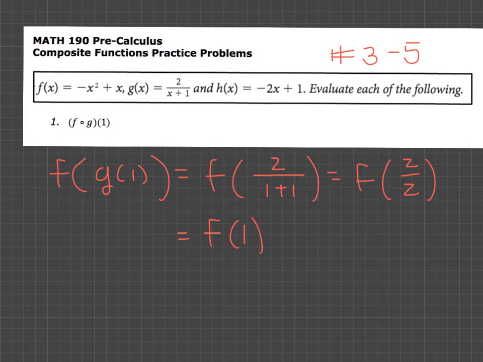Okay, so we evaluated g of 1, and we got 1. Now we're going to evaluate the function f at 1. So we're going to plug in a 1 for x for that function f. So we have a negative 1 squared plus 1. That negative applies after the squaring, so we have a negative 1 plus 1, so we end up with 0.